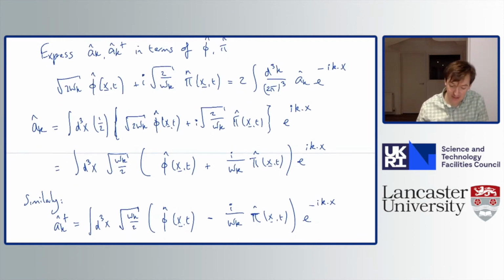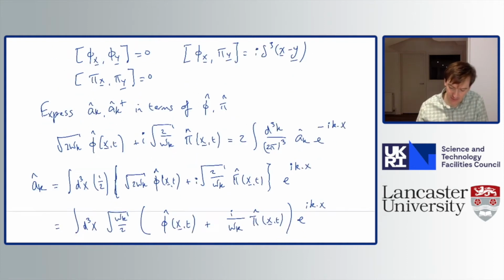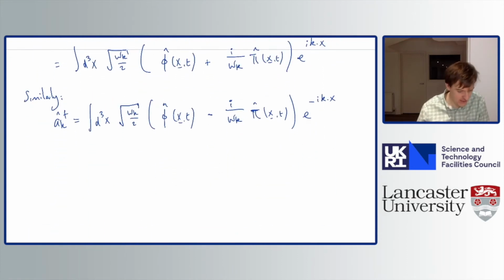Great, we've done that. What we'd like though is to figure out commutation relations involving a and a dagger. We're going to use our expressions together with the commutation relations that we know for the phi and the pi fields. Let's work one of them out to show you how these calculations proceed.